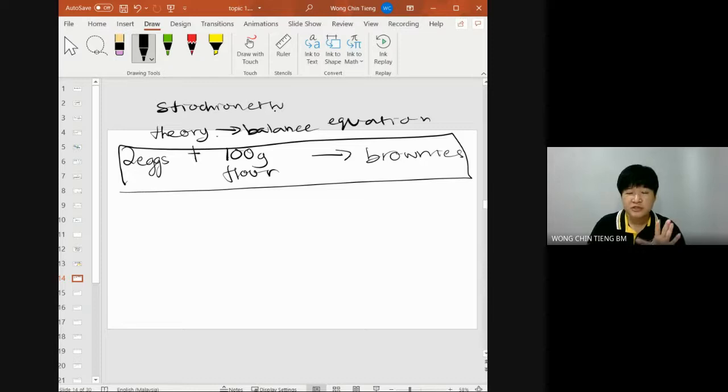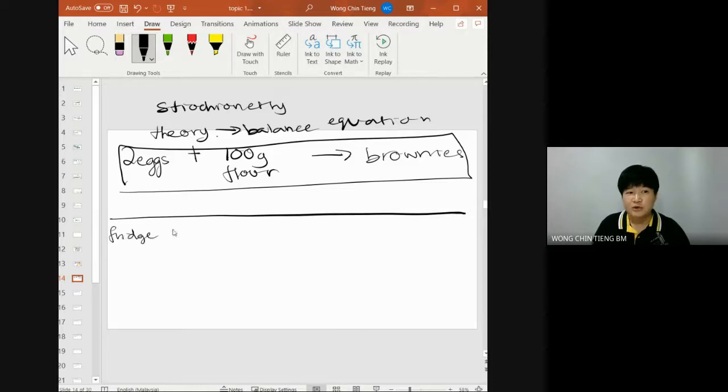Your stoichiometry is from your balance equation. This is the recipe that you open in the book. But then later on, you open your fridge. You are given with how much? Let's say I am given 10 eggs. All right? But I have 300-gram flour. So the question asking, how many brownies?